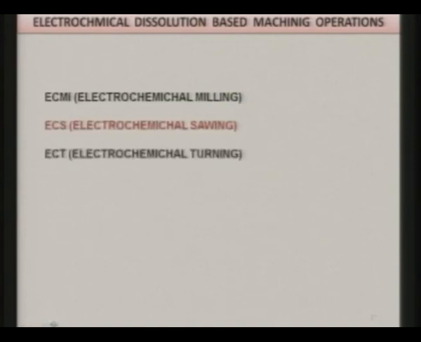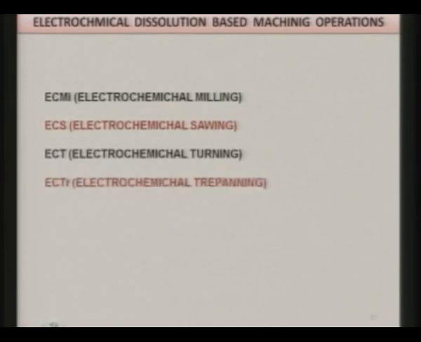Then you can perform operations like electrochemical milling, electrochemical sawing, and electrochemical turning. This is another very important process where you can do the turning operation, and cylindrical workpieces can be made with the help of the electrochemical machining principle.